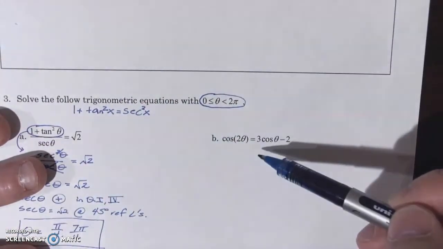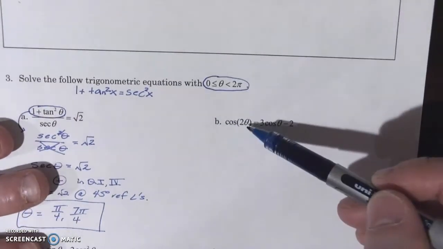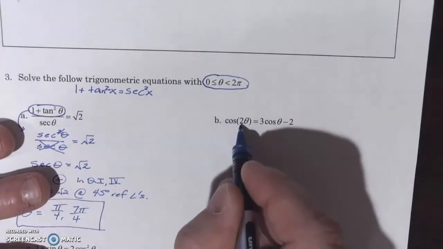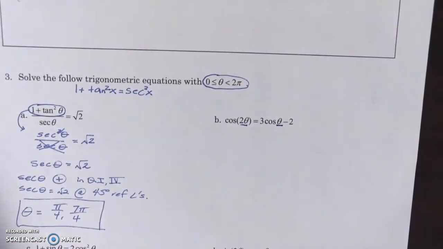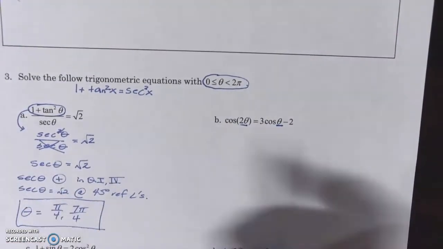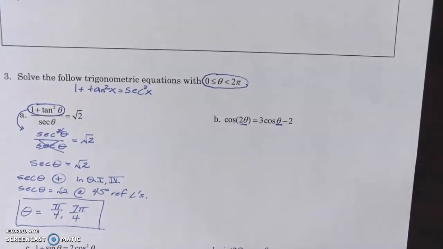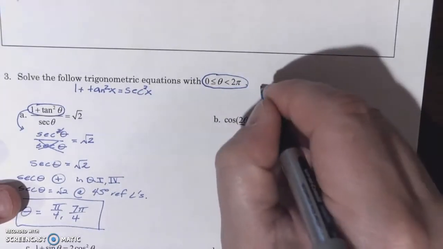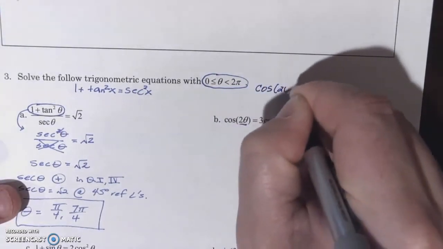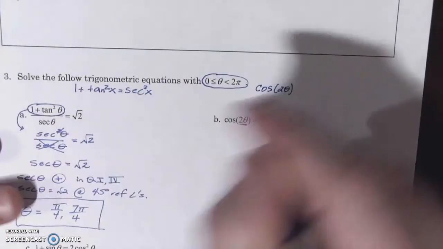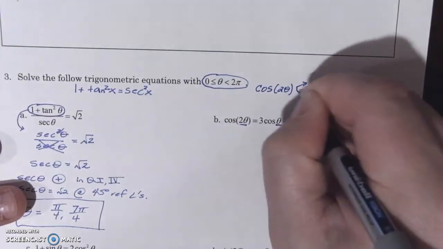So let's take a look at B. Our problem in B is that I have a 2 theta and a theta. It would certainly be more ideal for us, and in fact, we couldn't actually solve this the way it's written right now. However, we do have identities for cosine of 2 theta. We actually have 3 of them.